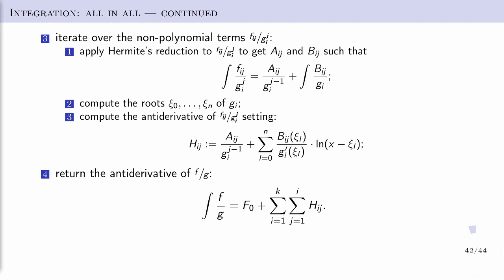So we apply this observation that was just 2 slides ago to compute the antiderivative of this guy. So this is the antiderivative of this integral, and summing over all these integrals and the antiderivative of the polynomial part, we arrive at the complete answer.